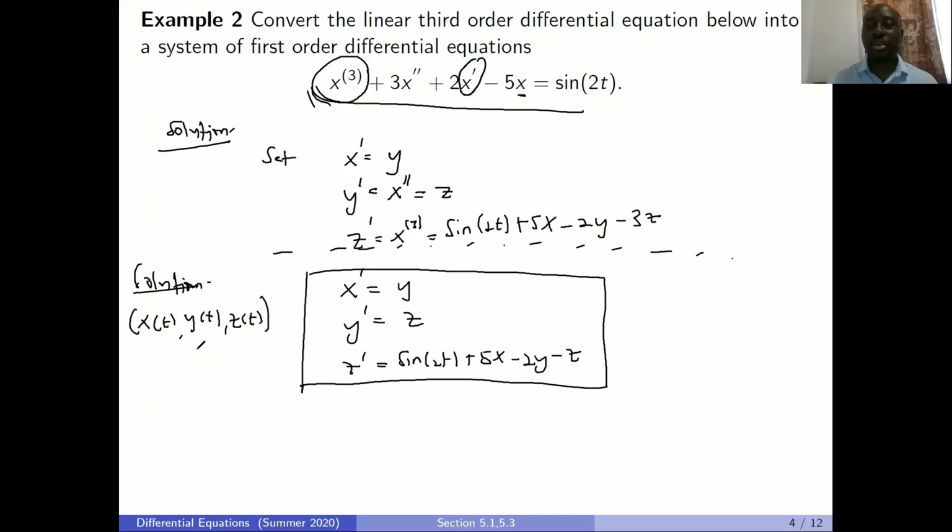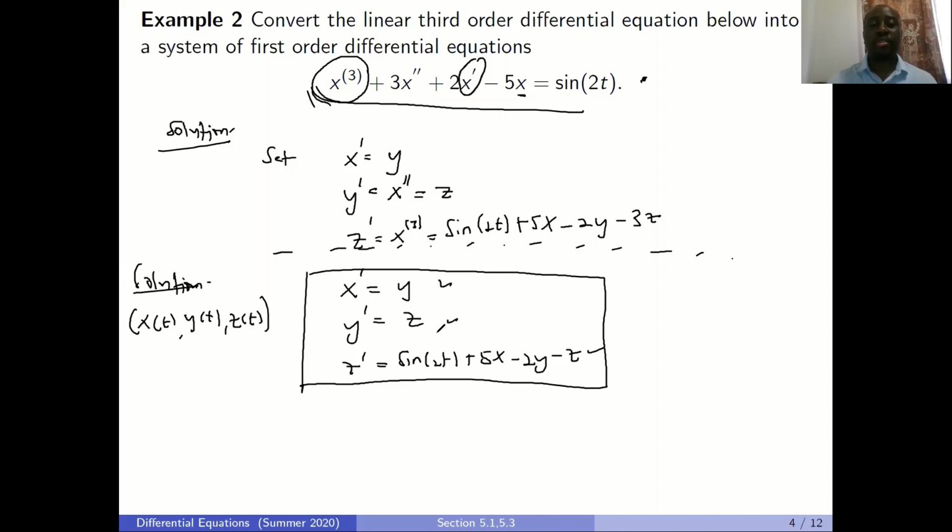So I have 3 equations, 3 unknowns. Now, notice that here, the third order equation is linear. And if you look at my system of equations, each of these equations is a linear equation. I don't have to deal with any kind of powers or products of the unknown functions or their derivatives.